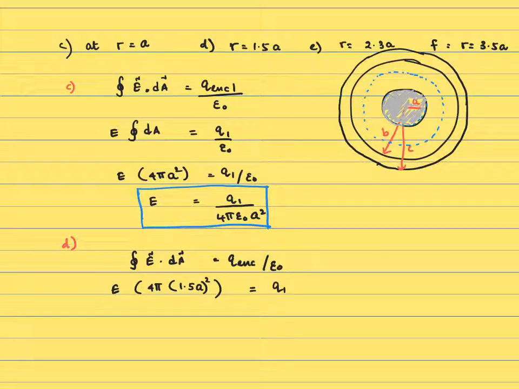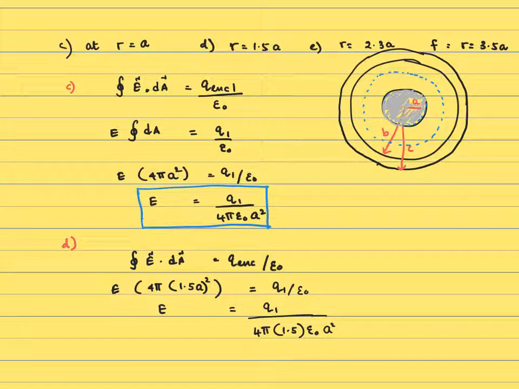So what is different here? Oops, I forgot about the epsilon naught. So here you have q1 over 4 pi times 1.5 epsilon naught a squared. This is the answer now.